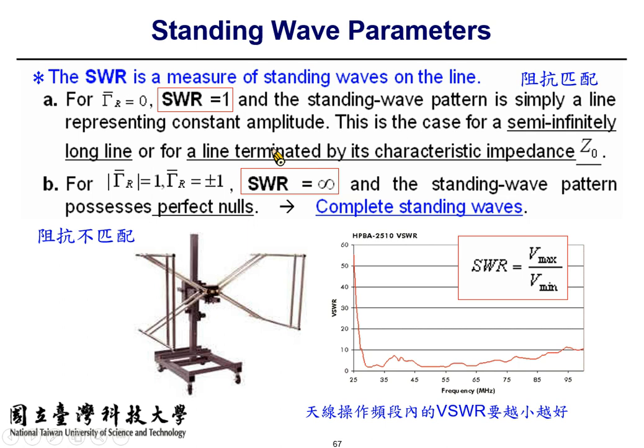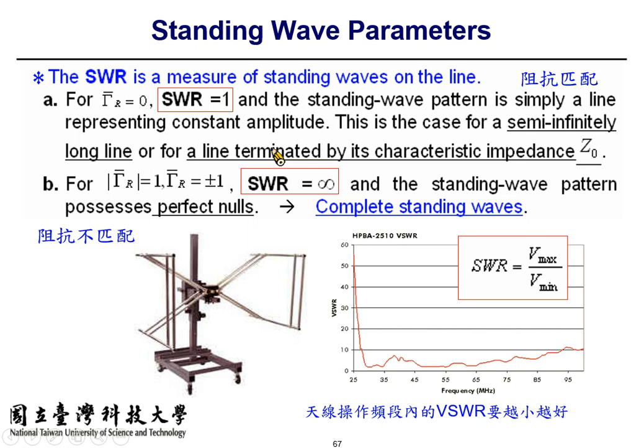And as you can see here, the size of the antenna is about 1.5 meters at the most. So the SWR is actually not very good because the antenna is a little bit too small. If you examine the standing wave ratio, the criterion used here is 10, which is a relatively large number.